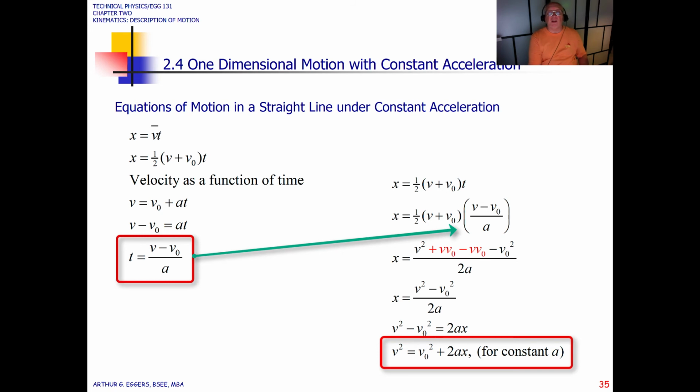If we continue on the left-hand column or the right-hand column, we end up with a relationship that says x is equal to 1/2 times velocity plus velocity naught times t. Okay, that's our relationship from the first column. Again, we start doing some substitutions for our values. We substitute velocity minus velocity naught divided by acceleration for time.